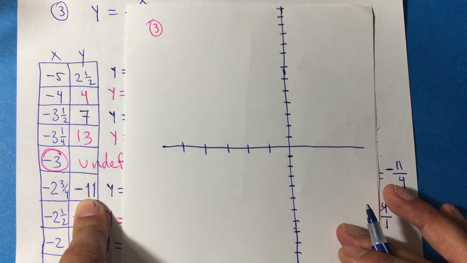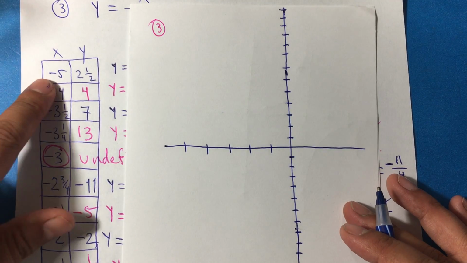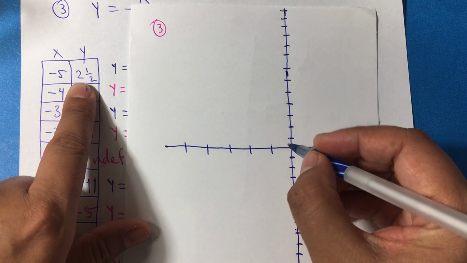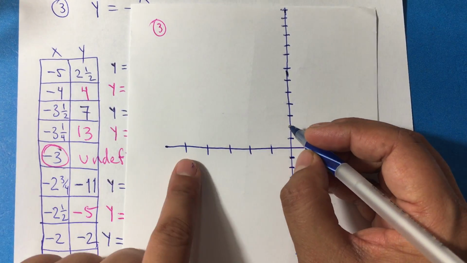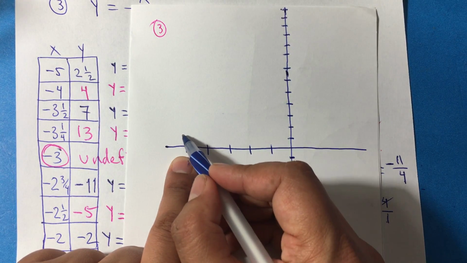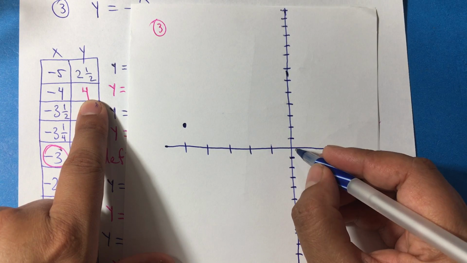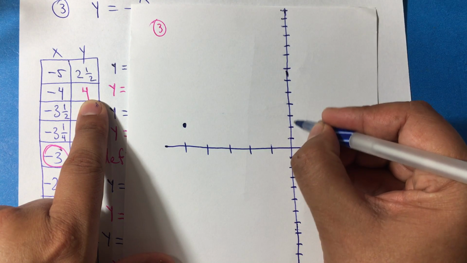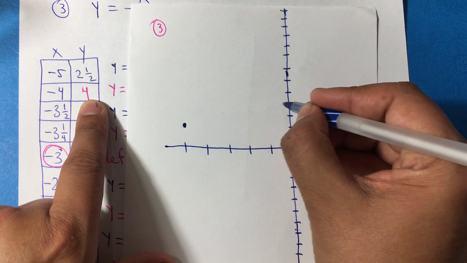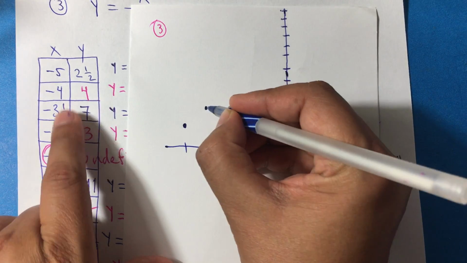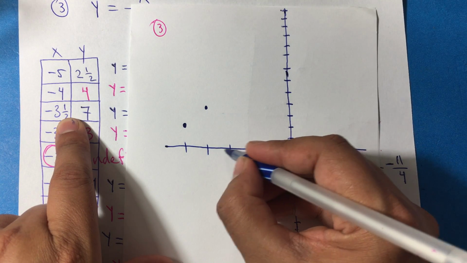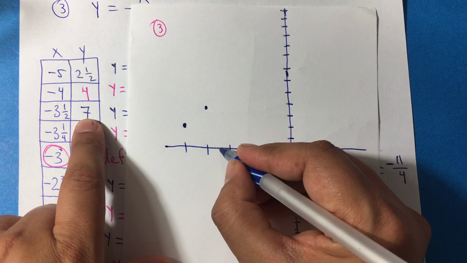Negative 11. Okay, so we have negative 5, 2 and a half, negative 5, 2 and a half is right there. Negative 4, positive 4, so around there. Negative 3 and a half, 7.